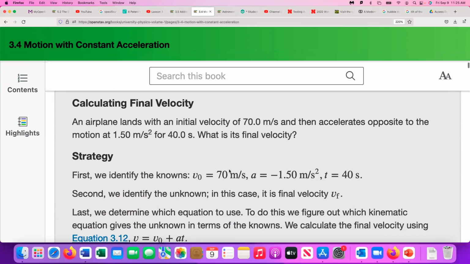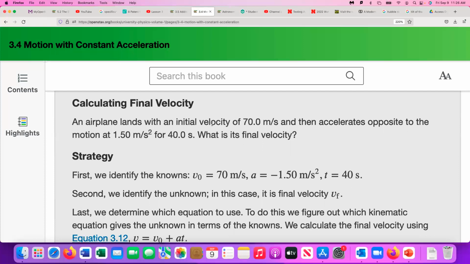So here we're going to use that second equation to calculate the final velocity of an airplane that's landing. Its initial velocity as it's coming towards the ground is 70 meters per second. And then it's going to accelerate with an acceleration that is opposite to its motion. So if it's going 70 meters per second in the positive direction, then the acceleration is going to be 1.5 meters per second squared in the negative direction.